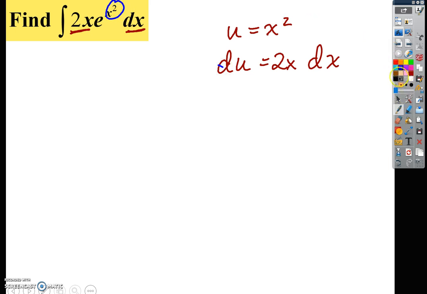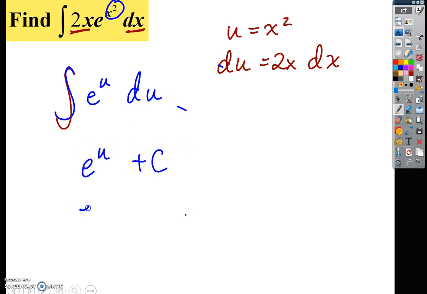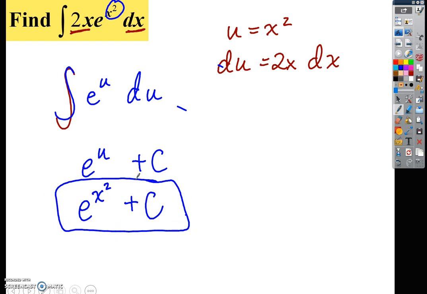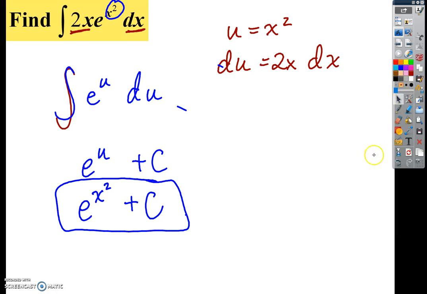It gets rewritten as the integral of e to the u du, which we know is just e to the u plus c. And so u was x squared, so we get e to the x squared plus c. And there's our answer. That's all there is to it. Nothing complicated here.